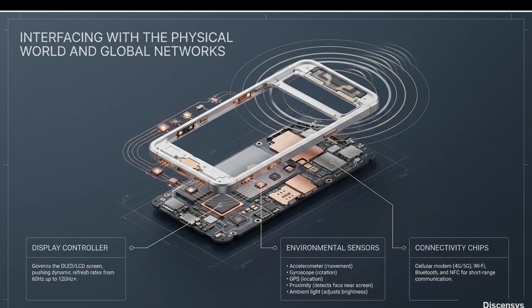The quality depends on the pixel rate, etc. There are various metrics involved. What this display controller unit actually does is push the refresh rate from 60 hertz to 120 hertz and above. That's what we use a display controller for.